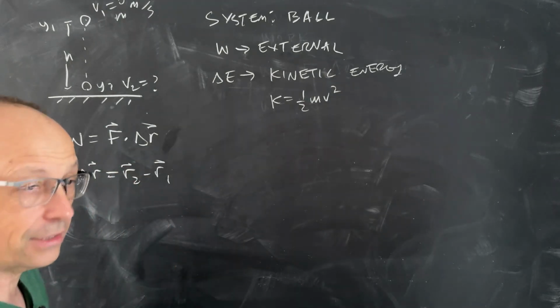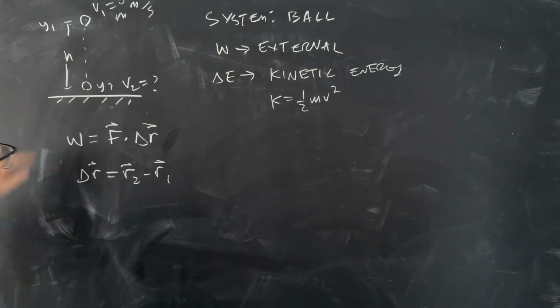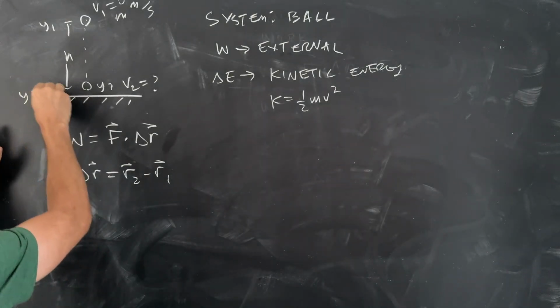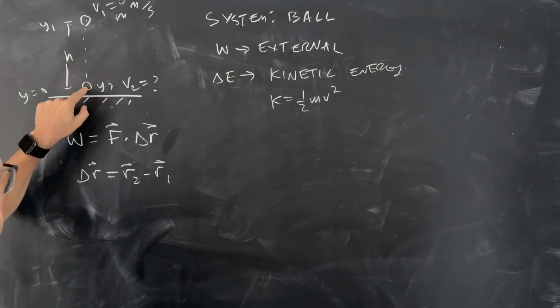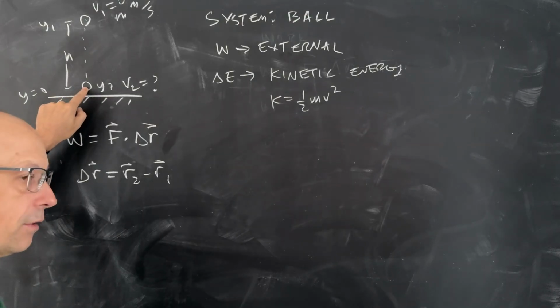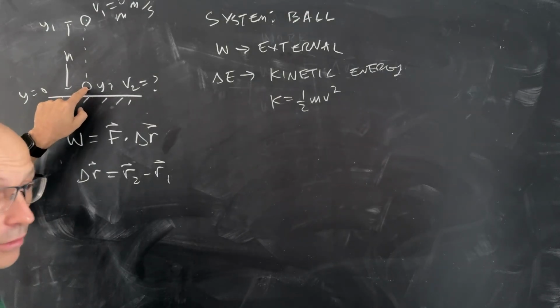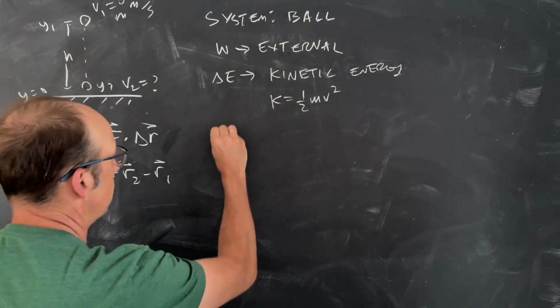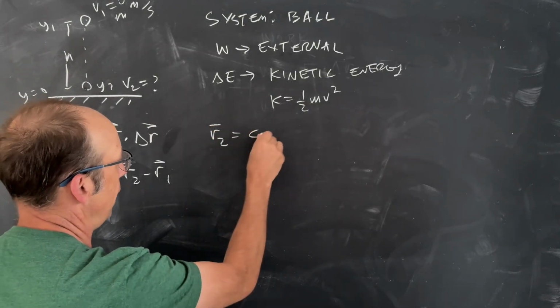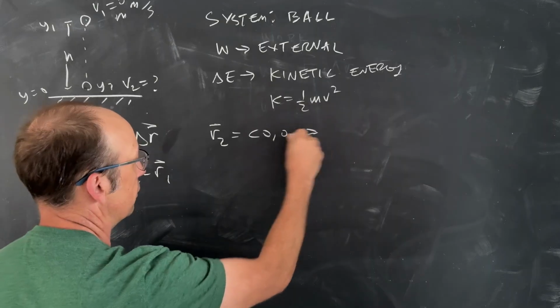I'm going to do this as a vector. I'm going to pick down here y equals 0. This is my y equals 0 value, and that's actually my origin. So x equals 0, y equals 0, z equals 0. Down here, R2 is equal to the vector 0, 0, 0.